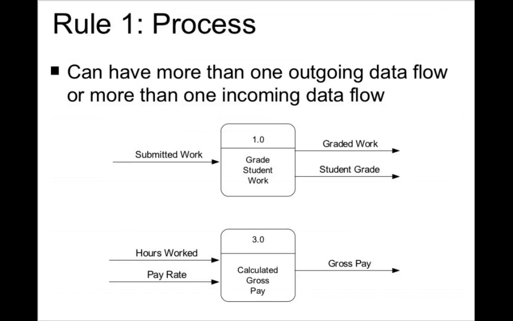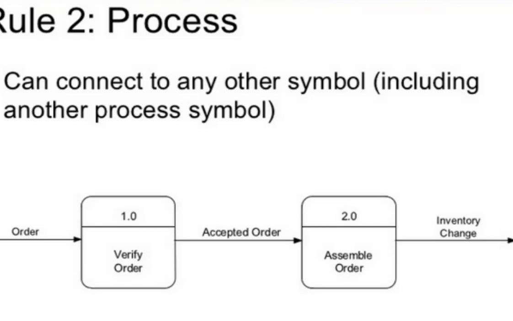A process can have more than one outgoing data flow or more than one incoming data flow. This is shown in this diagram. A process can connect to any other process as shown in this diagram.